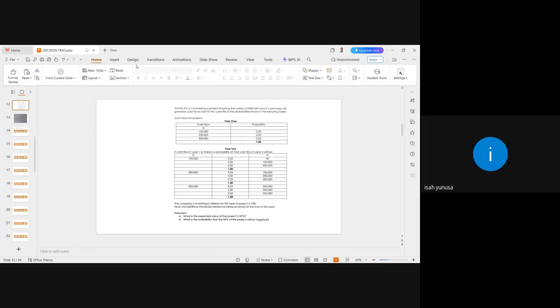Now, the question is asking us in the B part, what is the probability that the NPV of the project will be negative? It will be the A, B, C, D. Yes, that's the probability that the NPV of the project will be negative.